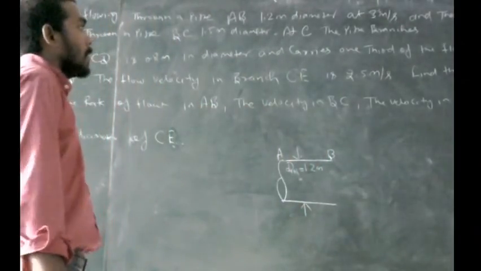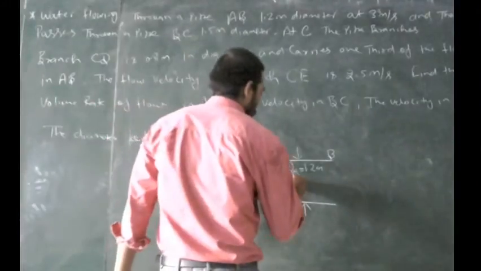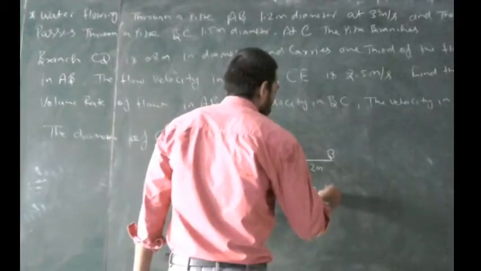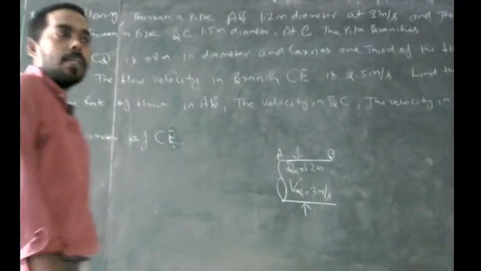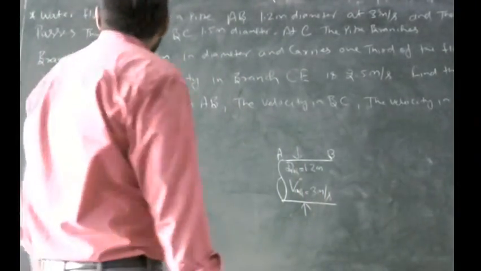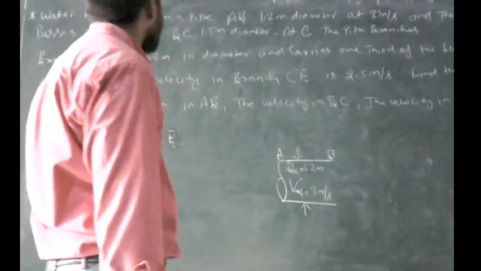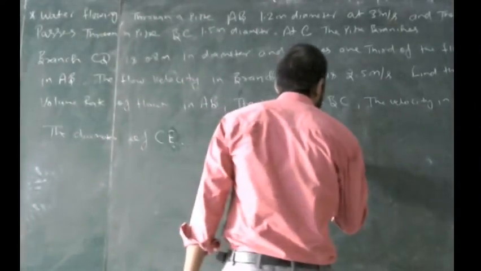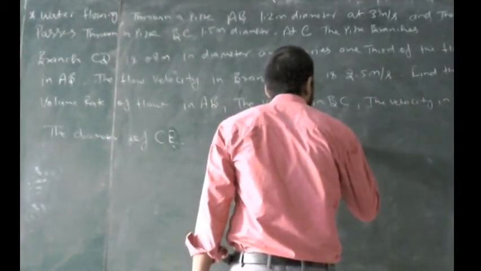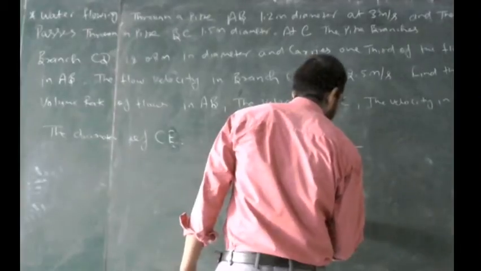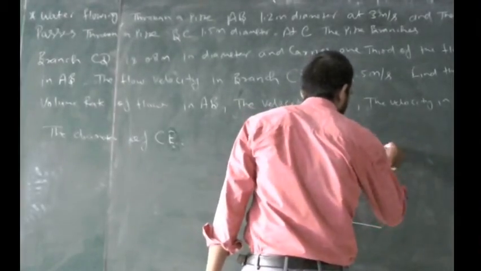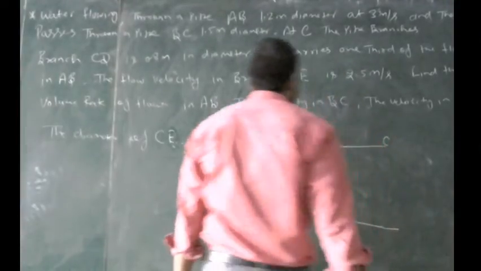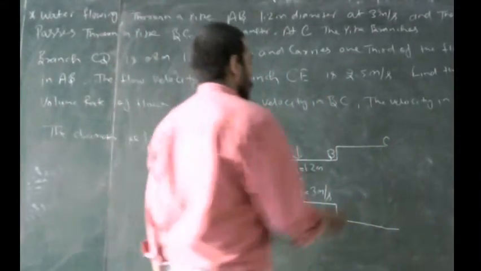At 3 meter per second, the velocity VAB is 3 meter per second. And then it passes through the pipe BC, 1.5 meter diameter.